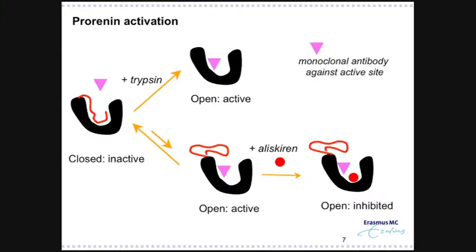The second approach is incubating prorenin ex vivo with a renin inhibitor at high levels, 10⁻⁴ as you've seen, and then eventually it will all be in this open conformation. The difference, of course, is that although the antibody recognizes this form and this form equally well, and so eventually we get exactly the same results, here the prosegment is still present, whereas here it's really cut off. But the results of this approach in both cases are exactly the same.